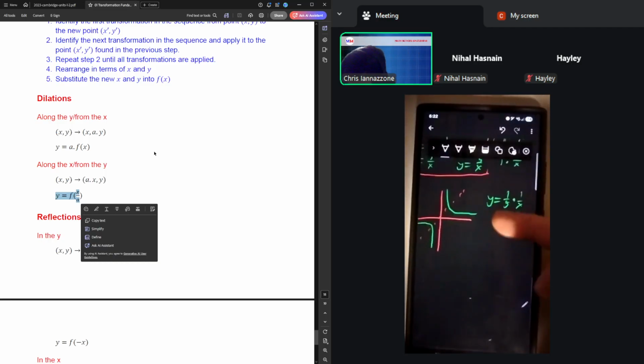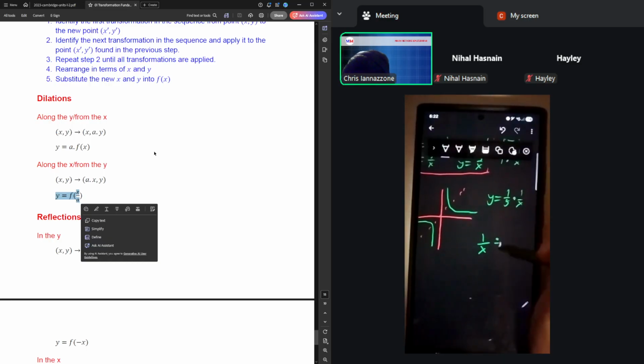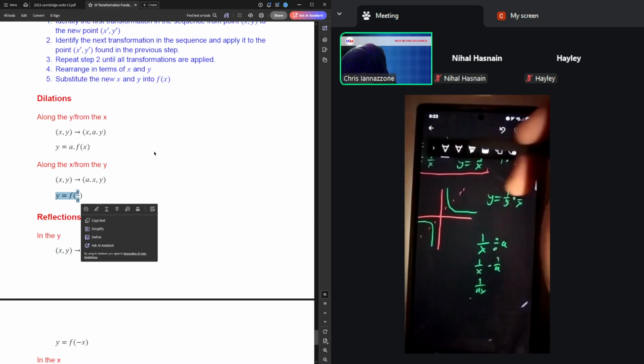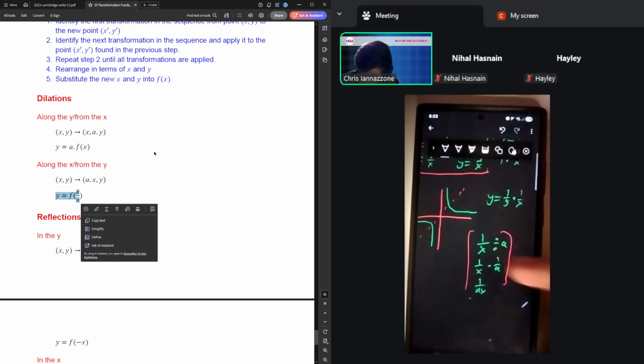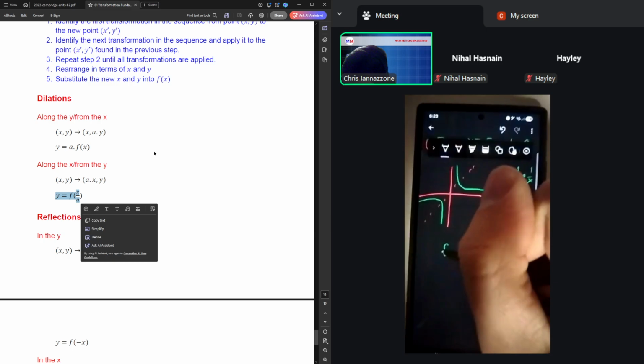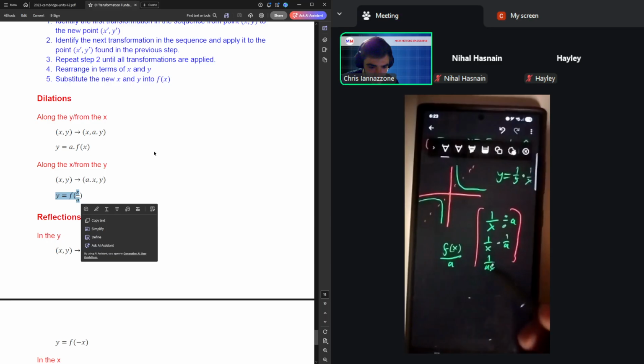So I think I see what you're thinking, because you're thinking it's 1 over x and then divided by a, which would then become 1 over x times 1 over a, 1 over ax. That would be if I said f of x over a. That's what that looks like. Yeah, you see the difference now?